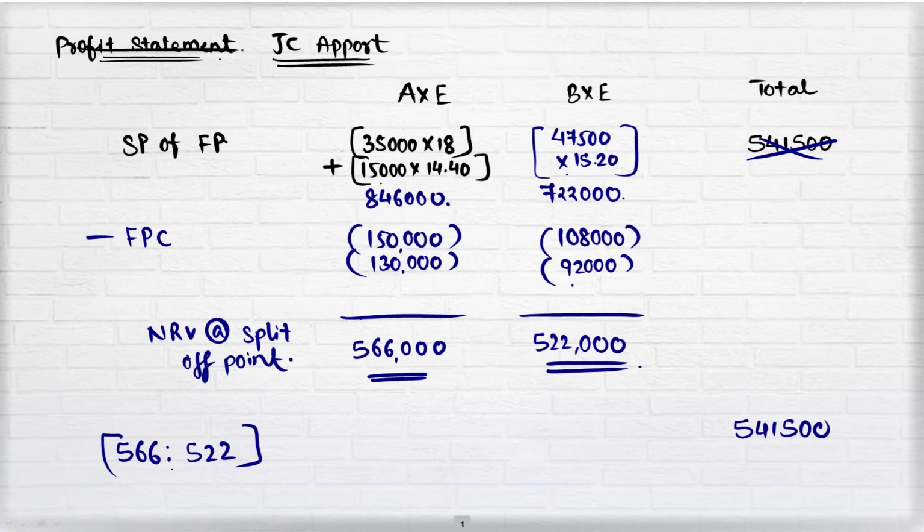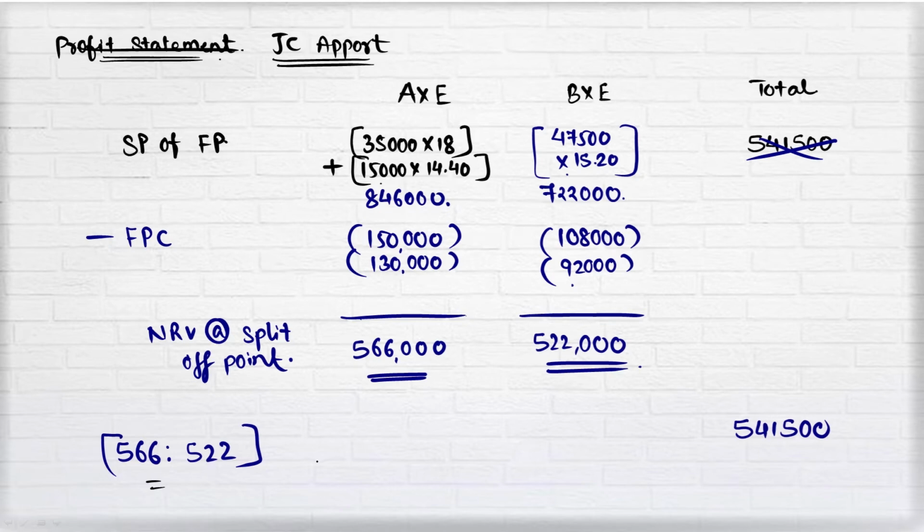What is the distribution? How do you do distribution in your calculator? You should total this. Right? 566 plus 522 is equal to M plus. 5,41,500 into 566 divided by MRC. 5,41,500 into 522 divided by MRC.